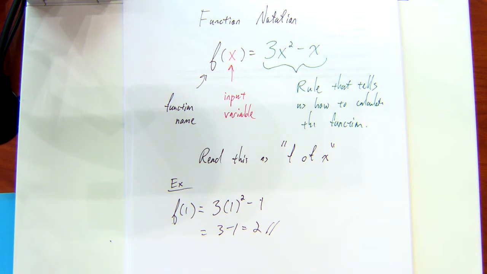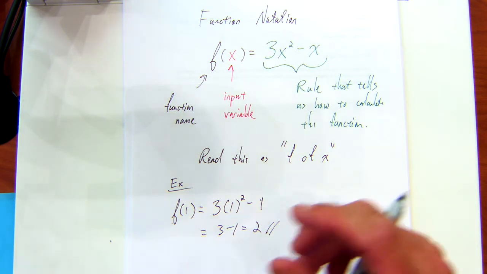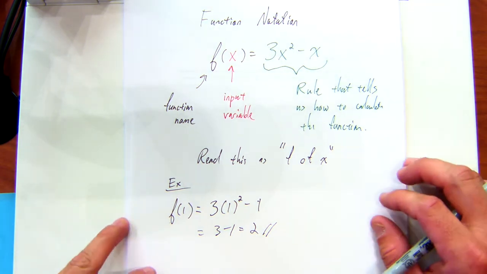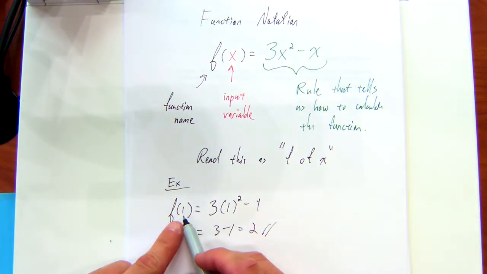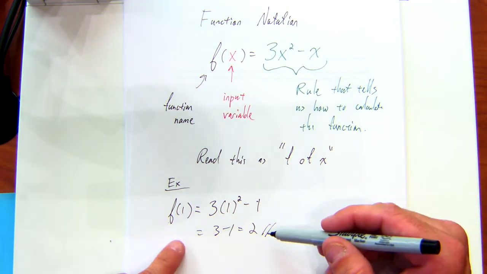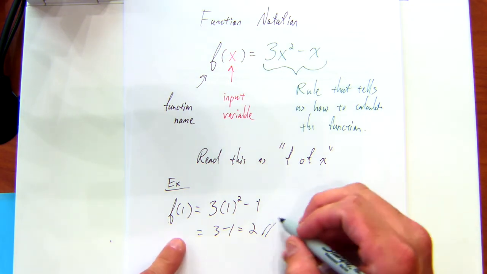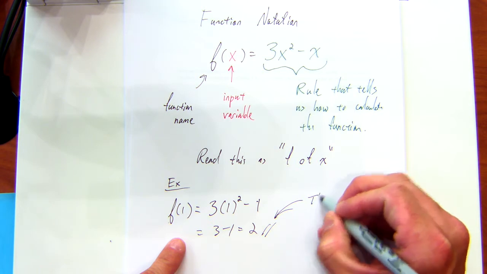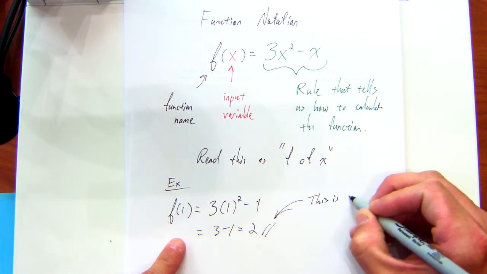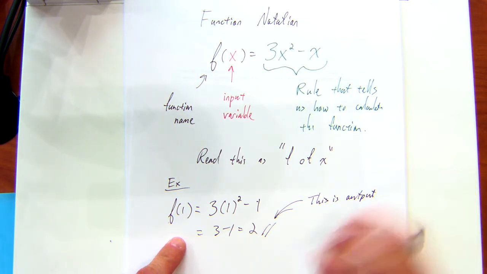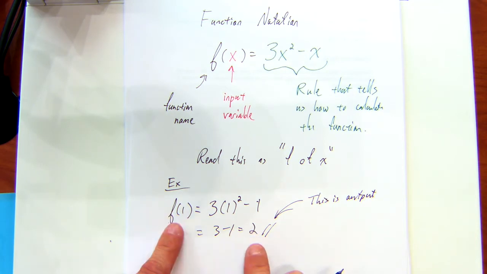Now remember, a function is a relation. The input was 1. What's the output for 1? 2. So whenever you calculate this number, this is the output. So what is the point that would come from this function?